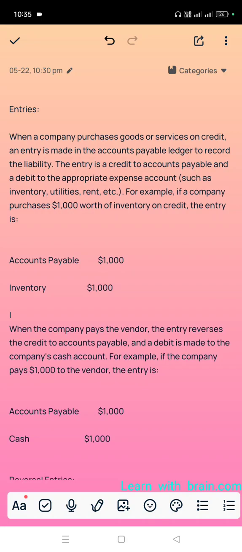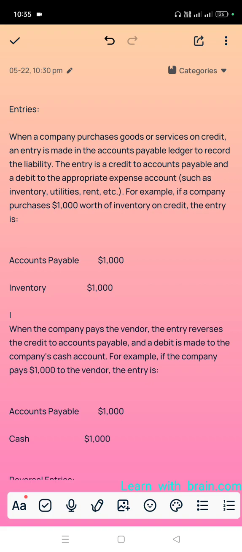Now we go for entries. When a company purchases goods or services on credit, an entry is made in the accounts payable ledger to record the liability. So accounts payable is a liability.